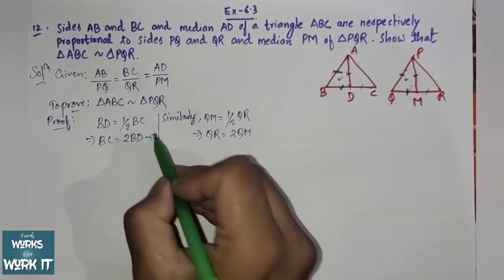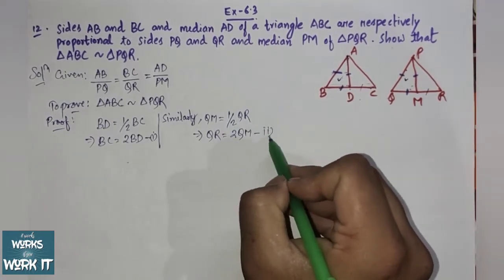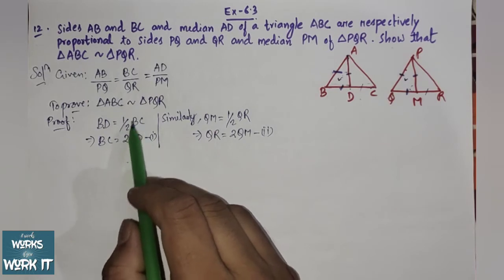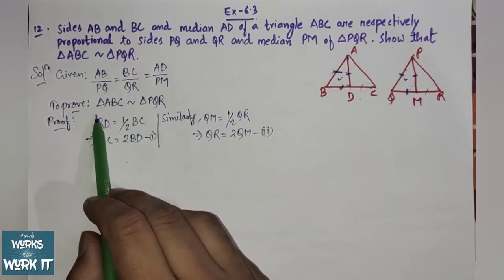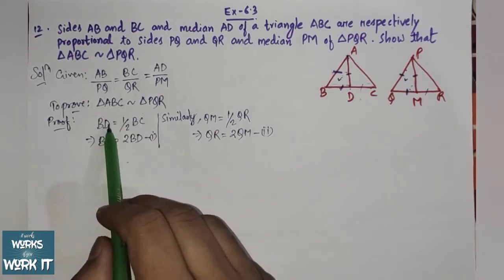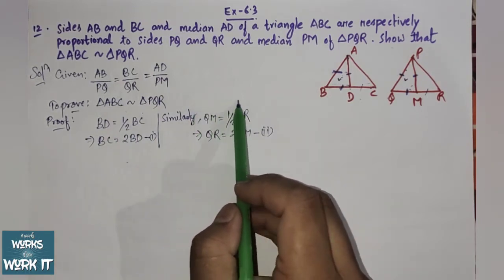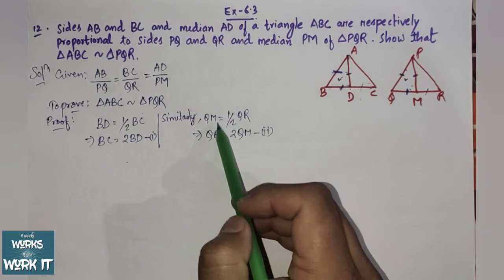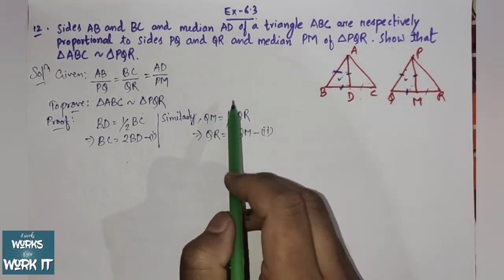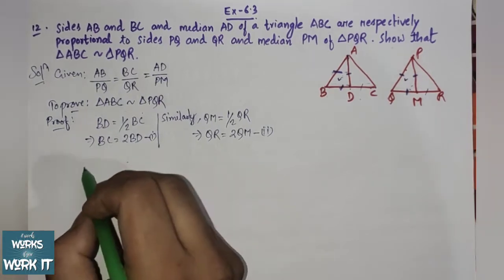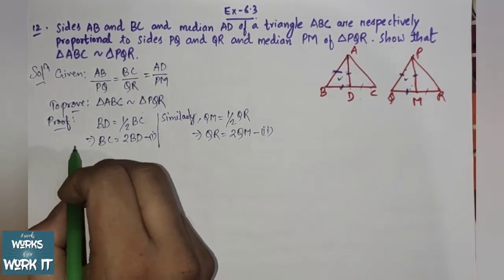We can take this as 1 and this as 2. Before this step you can write that AD is a median of BC, and here also PM is a median of QR, so therefore this happens. It is also already given in the question, so I have written it directly.